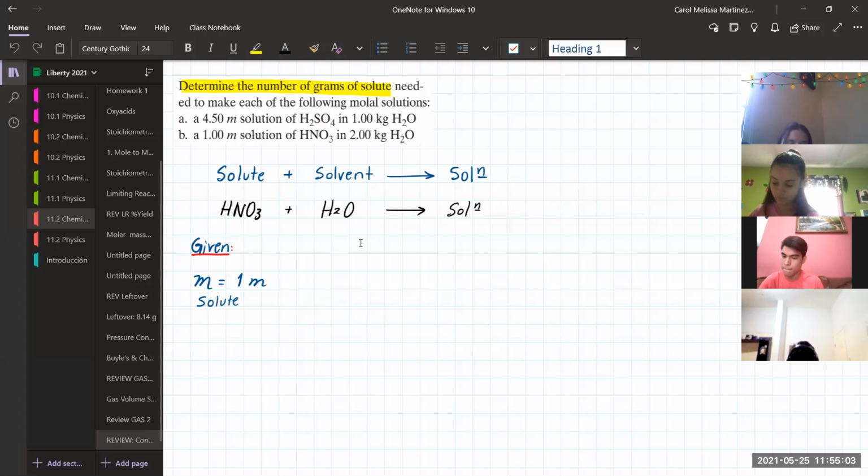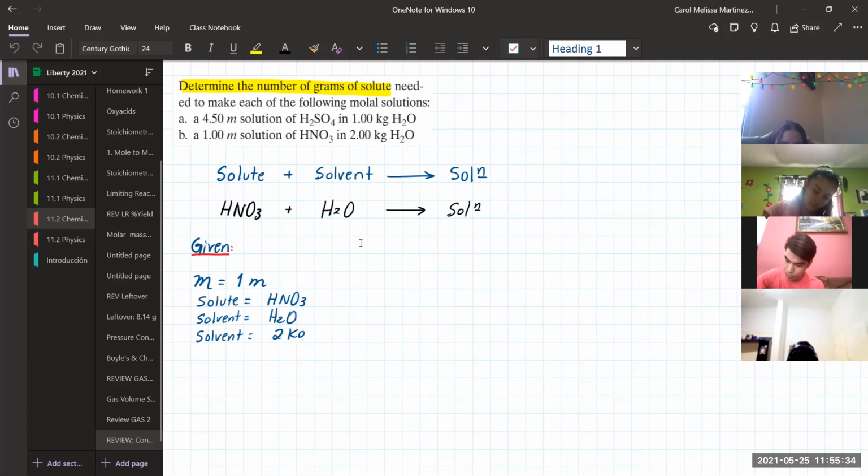We already did, but we need to write it as a given. About the solute, I know it's nitric acid, and about the solvent, I know it's water. And also about the solvent, I know that I have 2 kilograms of water. So for the solvent, they are giving me valuable information, 2 kilograms of water.